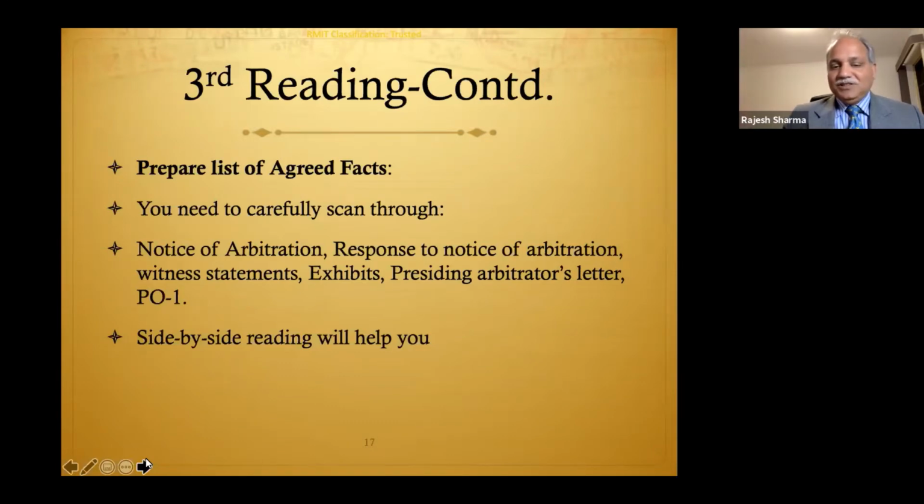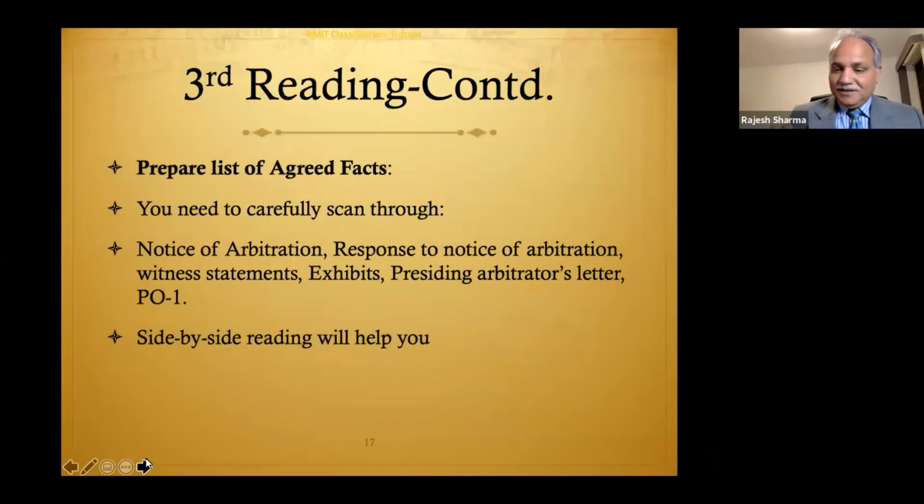So all those things, you need to do together. The first time, when you are doing side-by-side reading, it will give you some ideas where parties are agreeing and where they are disagreeing. But if you want to find out more about where parties have agreed, there are certain places where you have to read carefully.